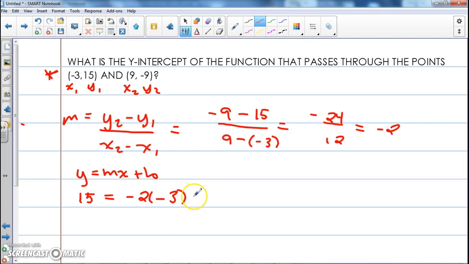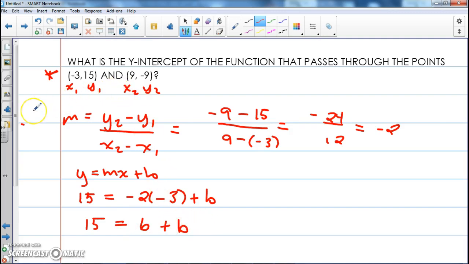2 times -3, and then plus b, because I'm trying to find the y-intercept now. So I'm just going to leave that b. So now I have 15 equals -2 times -3, which is a +6, plus b.